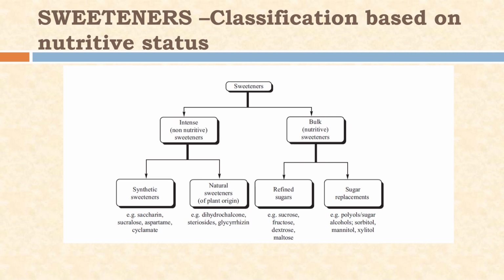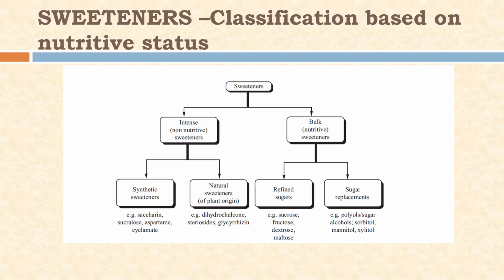So based on the previous discussion, now we are going to classify these sweeteners based on their nutritive status. So whether a product or sweetener which you are adding to the food is going to add calorie to your product or energy value to the product or not, or other functional role it is going to possess. So based on these, the sweeteners are classified as intense sweeteners and bulk sweeteners.